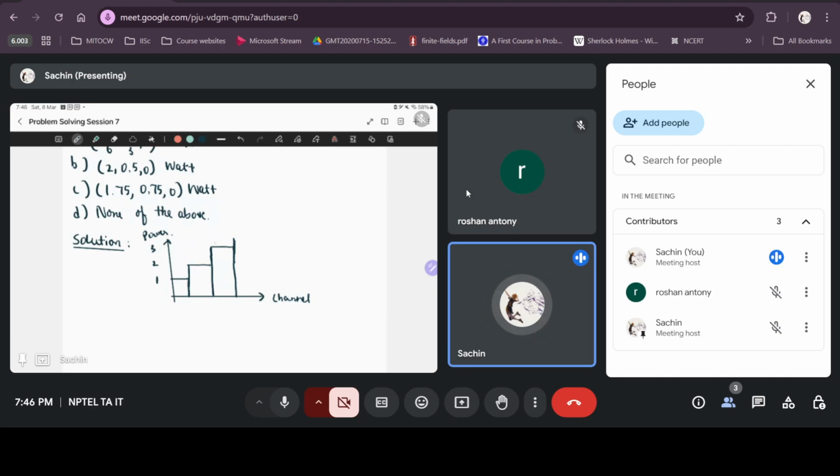If you pour water into a container like that, all of this is water. So the level of the water will be the same across all three blocks. The same is the case when you try to optimize the power allocation.